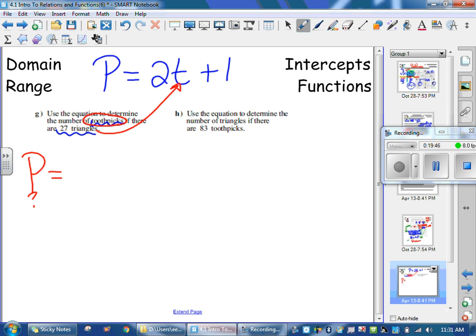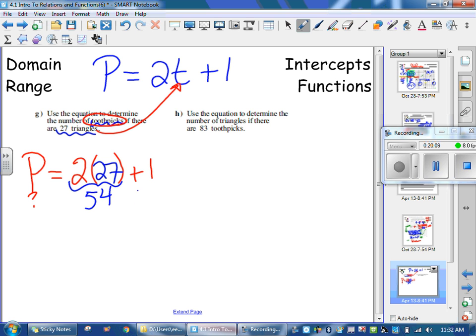So I've got 2 times 27 plus the 1, and that's going to give us our number of toothpicks that we need. All right, 2 times 27, 54.